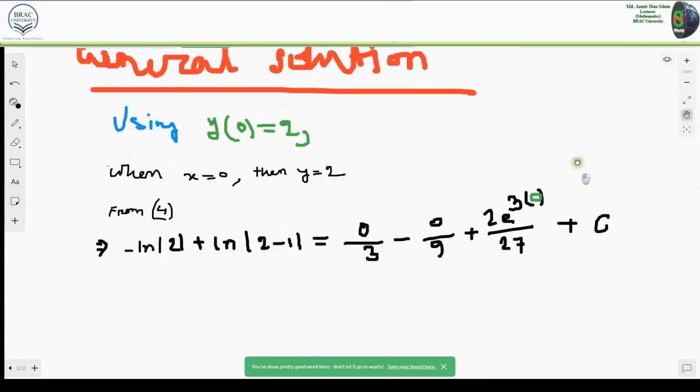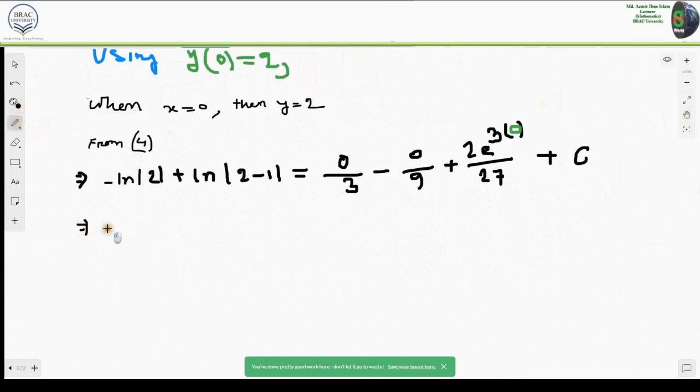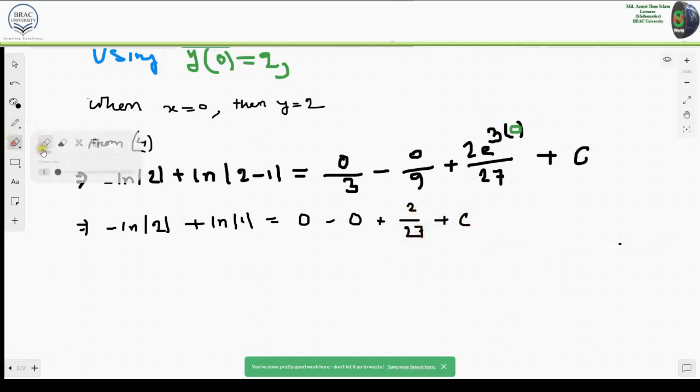So now what we can write, negative ln 2 plus ln 2 minus 1 is ln 1 equal to 0, negative 0 plus e to the power 0 will be 1, that means we have just 2 over 27 plus C. So negative ln modulus 2 can be written as just negative ln 2, and ln modulus 1, that means ln 1, is equal to 0.